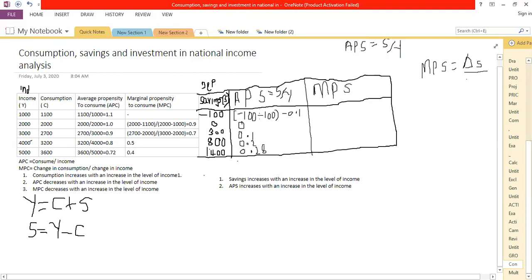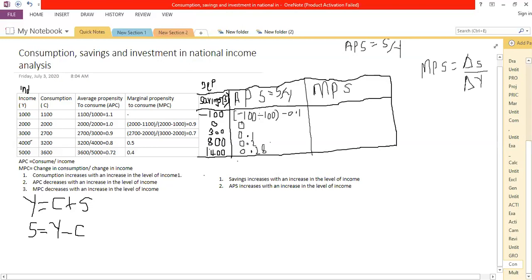And then we divide this by the change in the income, the change in savings as a result of the change in the income level in the country.